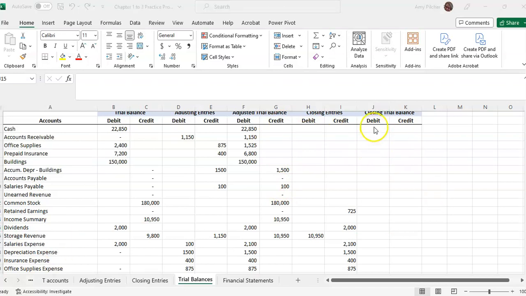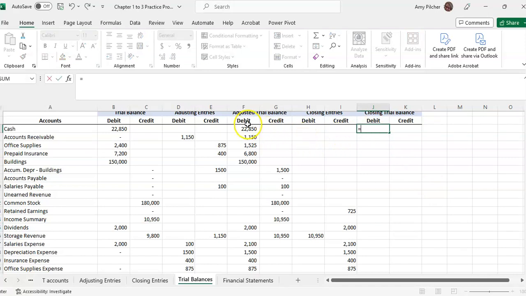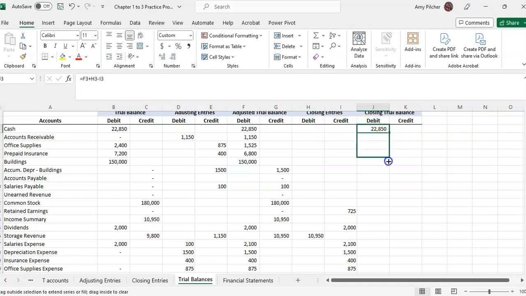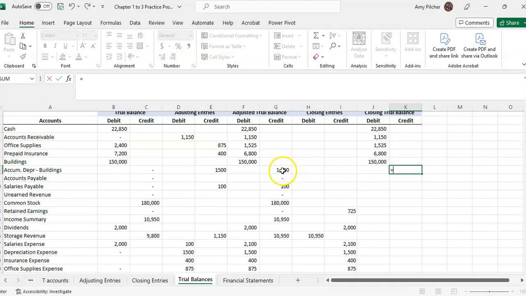Okay. We now adjust all of our entries for the closing entries. So we would add debits and subtract any credits for our asset accounts. Okay, so we didn't make any changes there.